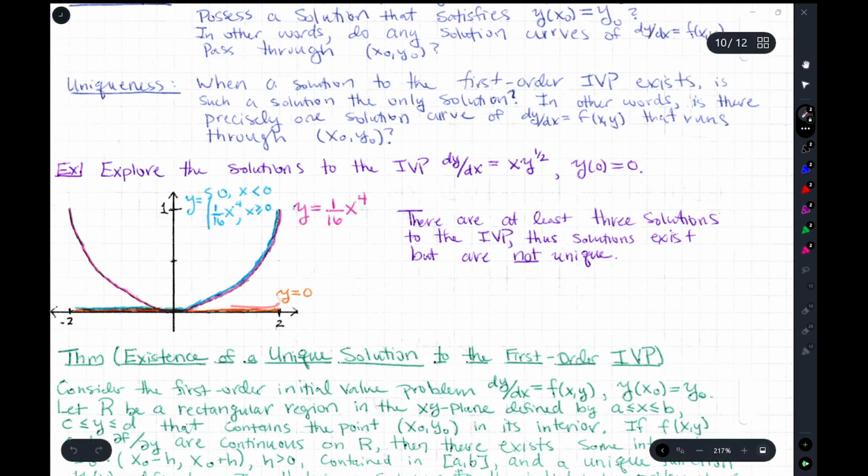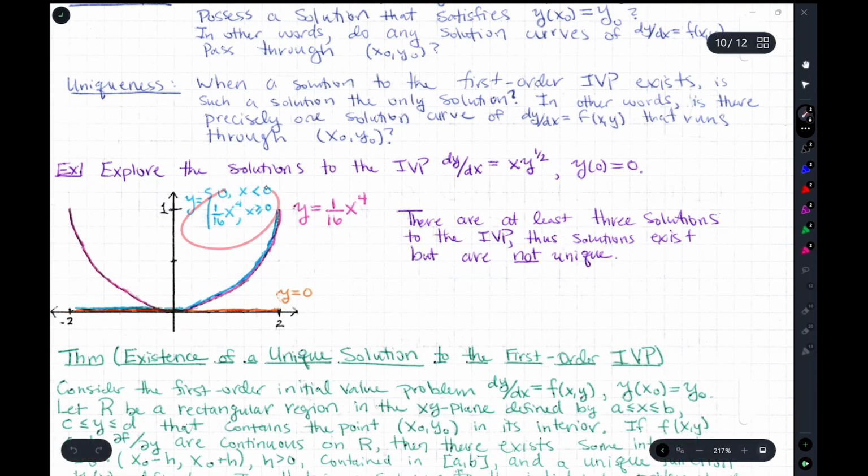y equals 0 also solves the initial value problem. So this orange function on the x-axis there, it's the trivial solution, but it actually solves the initial value problem. We could even find another solution, one that follows the pink on the right hand side, and then we paste the y equals 0 solution on the left of the y-axis.